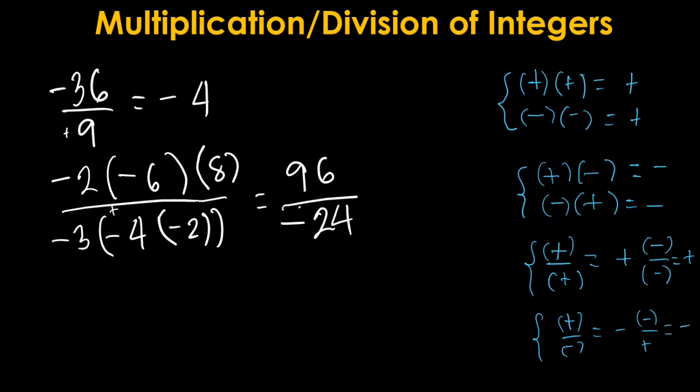And you can simplify this by dividing by 3. So divide this by 3, which is 32. And then divide this by 3, it's 8. Now we can still divide this by 8. Dividing this by 8 is 4. Okay, the answer is 4. We still have the negative. The answer is negative 4.